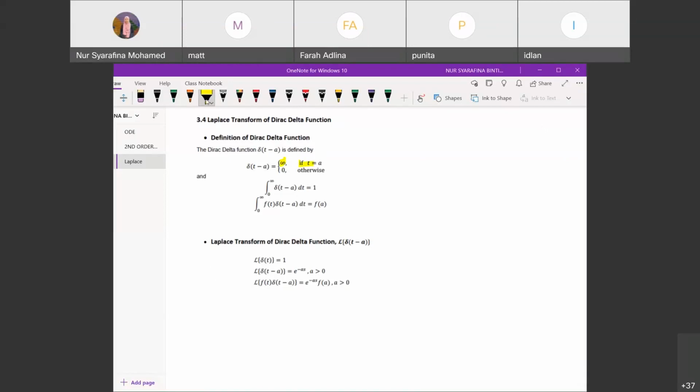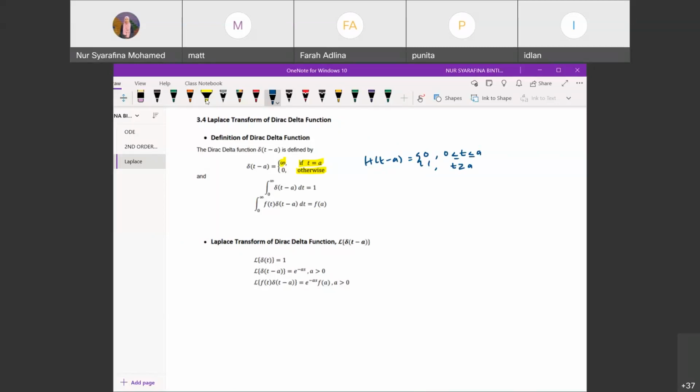So in the unit step function, we have what? We have 0 and 1. But in the Dirac delta function, it is equal to infinity when t equals a.